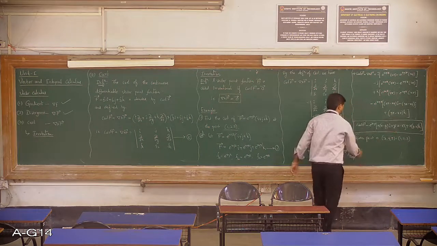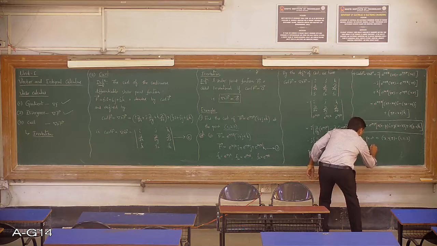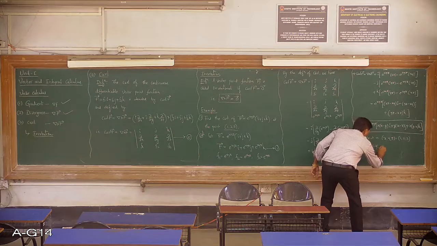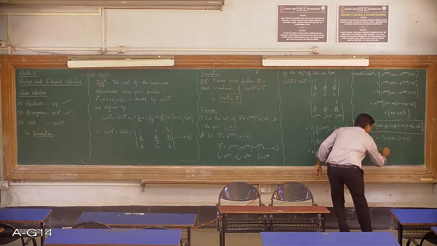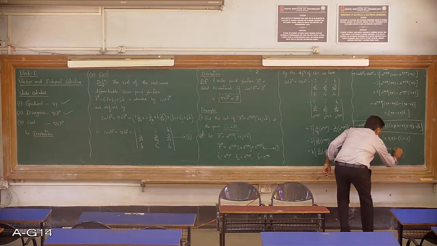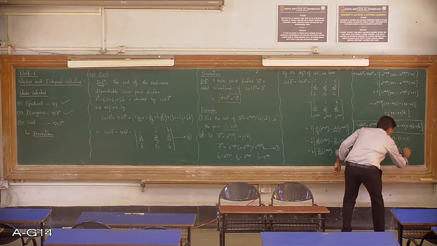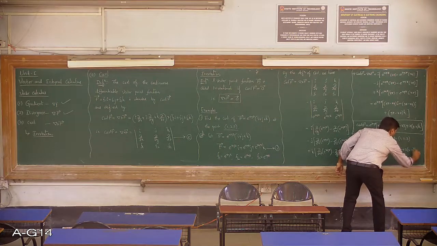So therefore curl f is equal to e to the power 1 into 2 into 3 in the bracket. This is 1 in the bracket (3 minus 2) i plus 2 in the bracket (1 minus 3) j plus, z is 3 and y is 2, (3 minus 2) k.